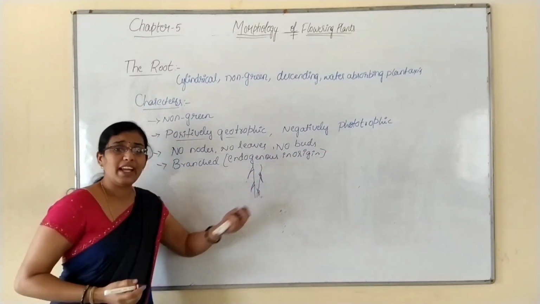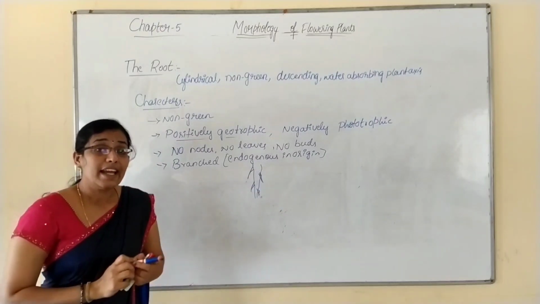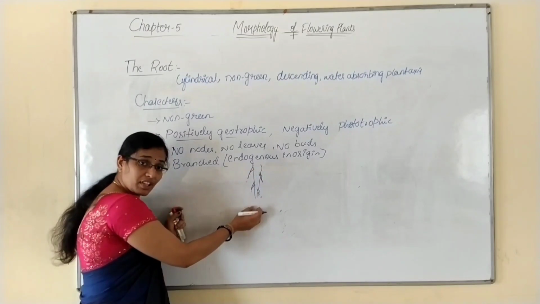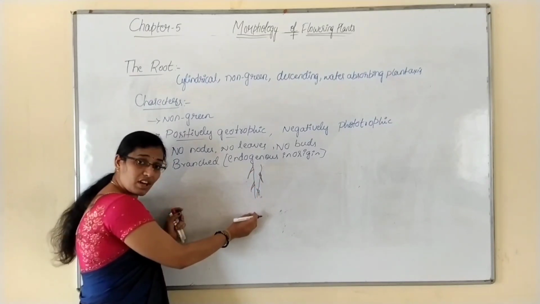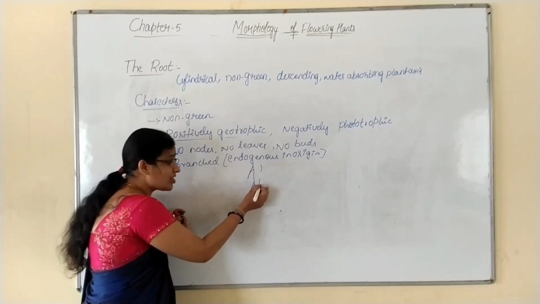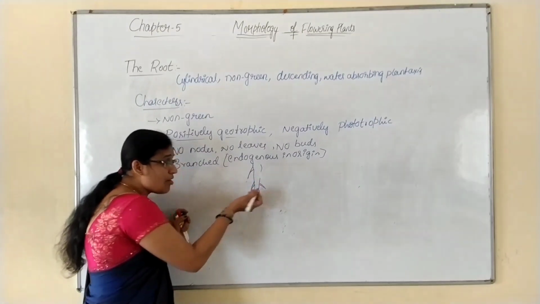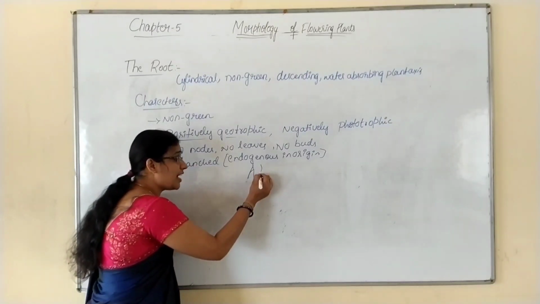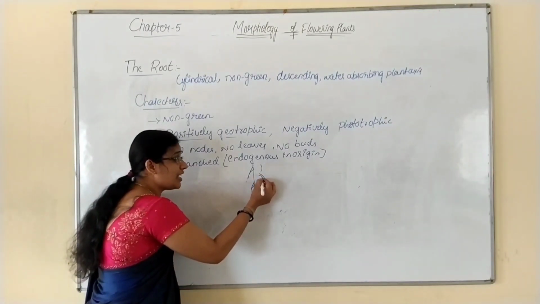What do you mean by endogenous in origin? Endo means within. If this is the structure of the root, these branches do not simply originate from outside the root, but they originate from within.